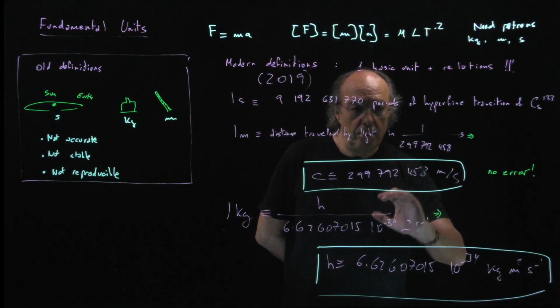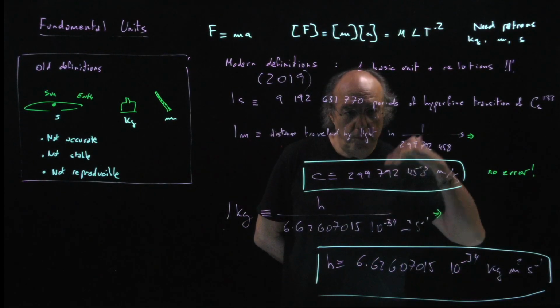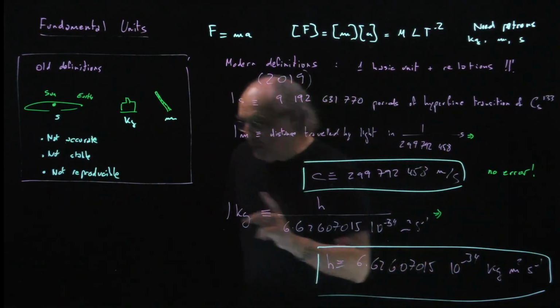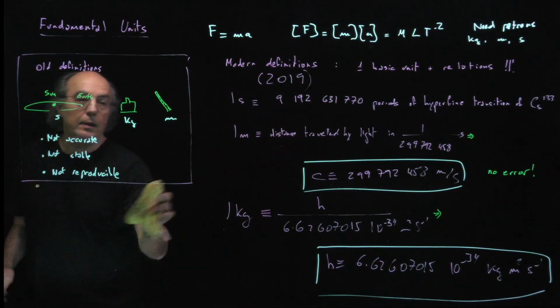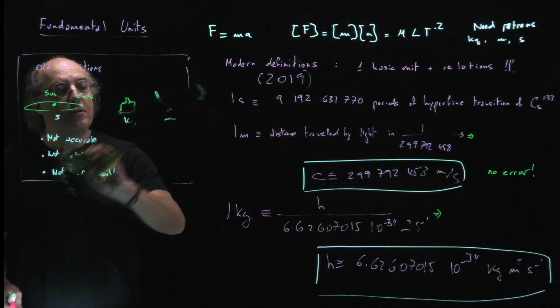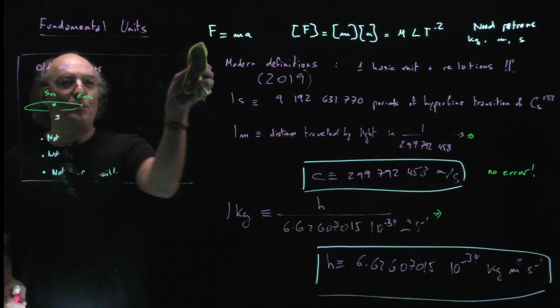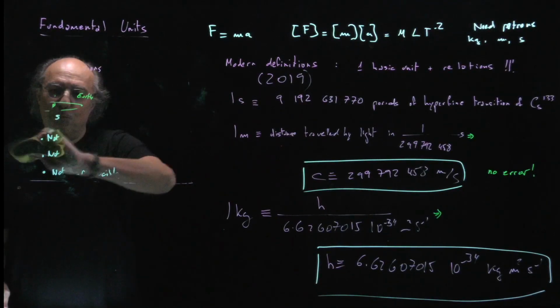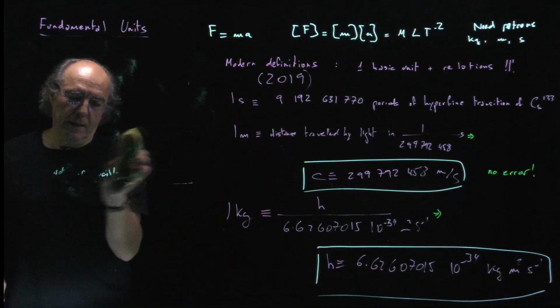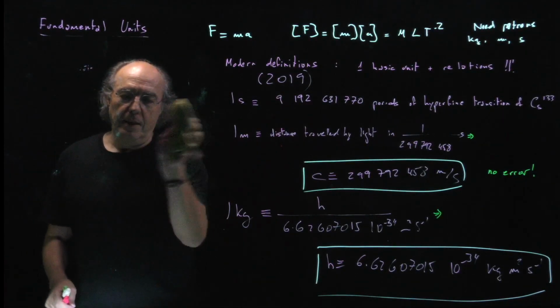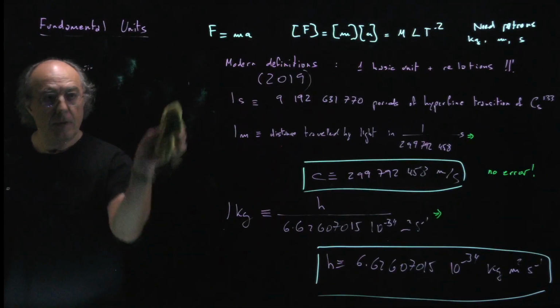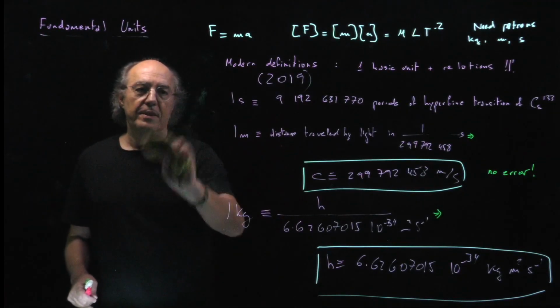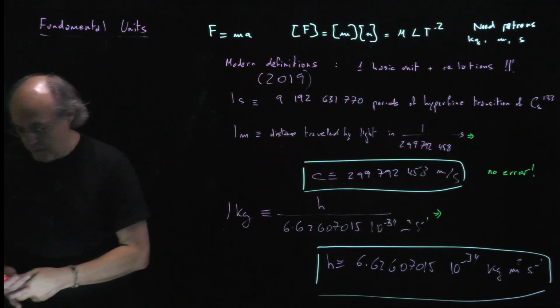Now, let me argue that this has an even more profound consequence. So for that, let me go to the left. Let me erase this. I erase the past, and I move to the future. So what is accepted implicitly here? Okay? What is accepted, as I said, is that h and c are defined.